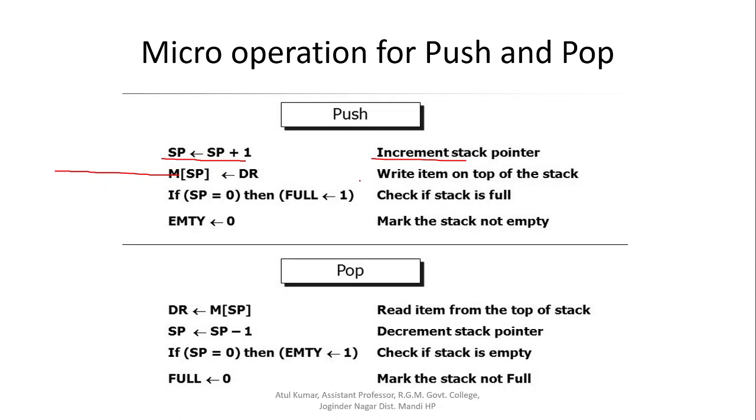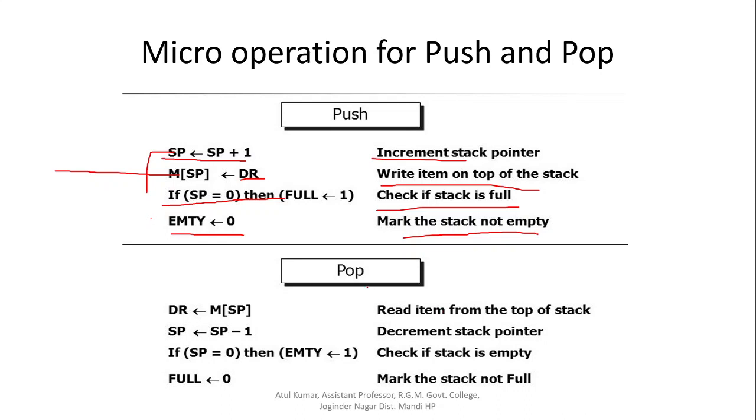Then we write the item on the top of the stack. When the stack pointer is incremented, at that address we write the item from the data register, and then we check if the stack is full or not. Then mark the stack not empty by writing empty is equal to 0.